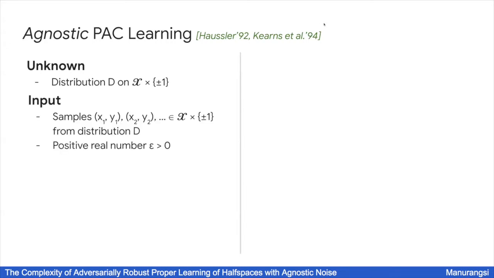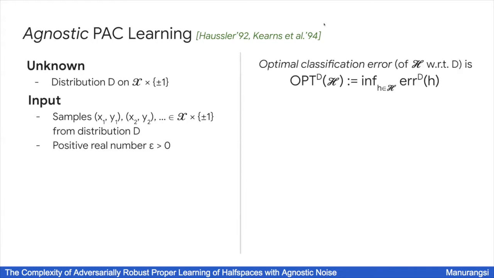Once again, the inputs are the same as before. We have a list of samples and a positive real number, the accuracy parameter epsilon. Now, of course, here we cannot hope to output a hypothesis with classification error at most epsilon because it might not even exist at all. So instead, we have to compare it against the optimum classification error, denoted by opt here, which is just defined as the infimum of the error among all the h in the hypothesis class big H. For readability, sometimes I will drop D and H from this notation.